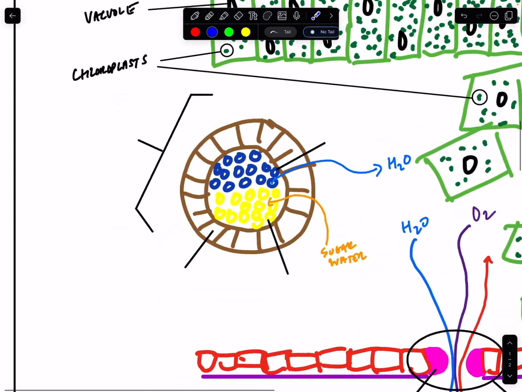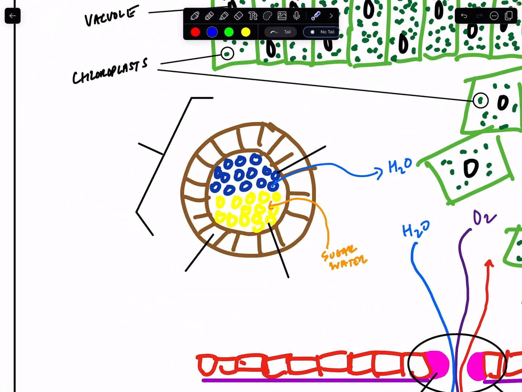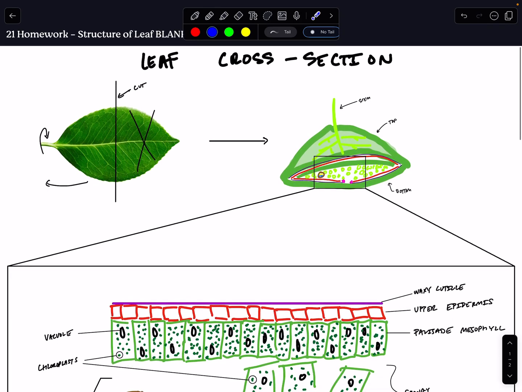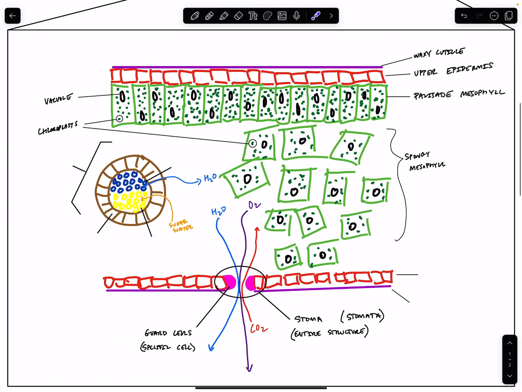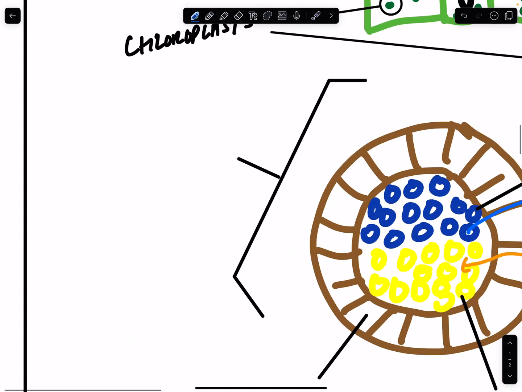Well, you all know it's via the roots. And you probably are familiar with the veins that run through leaves. Well, these veins are actually connected through the leaf, through the stem, all the way down to the roots through a structure called the vascular bundle.